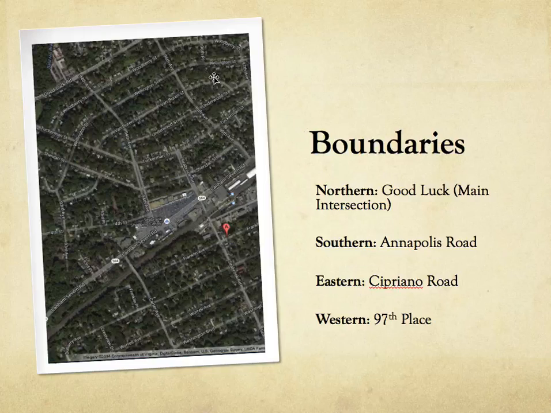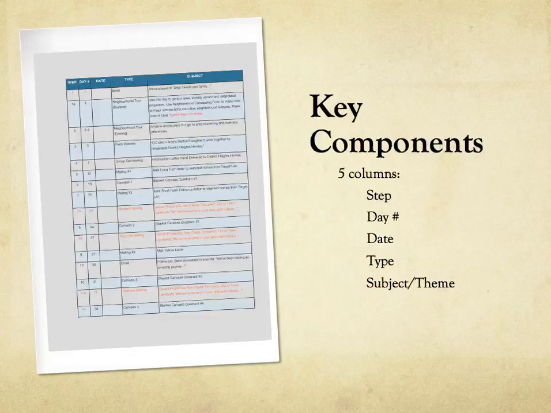Like quadrant 1 was everything east of 96th Avenue. Quadrant 2 was between 94th and 96th Avenue, and so forth and so on. So, for them, their quadrant 1 was what they were going to be going after for that particular day, which was day 19, but step 6 of the campaign.